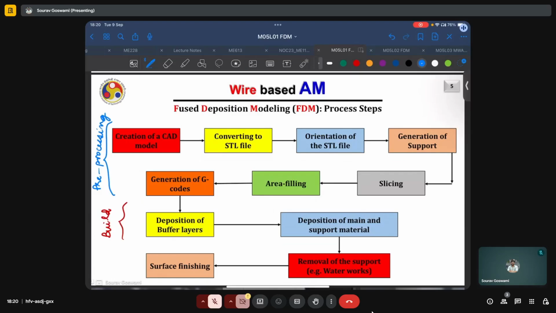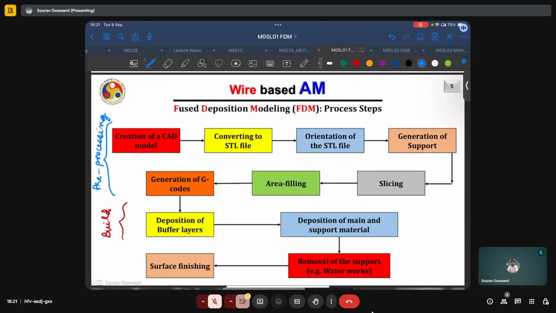And this is to ensure good adherence of the material to be deposited with the base plate. It is very important because if proper contact is not established between the very first layer to be deposited and the substrate, we know that later either the build plate or the head will move, there will be relative motion, and that bottom layer, if it is not well bonded, can be dislodged or some cracks can develop, and overall, the build will be compromised.